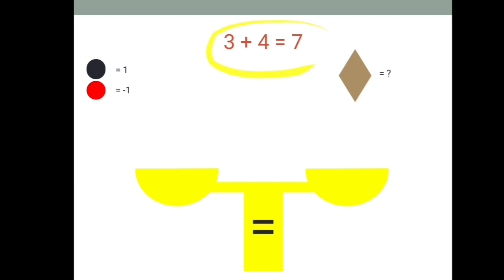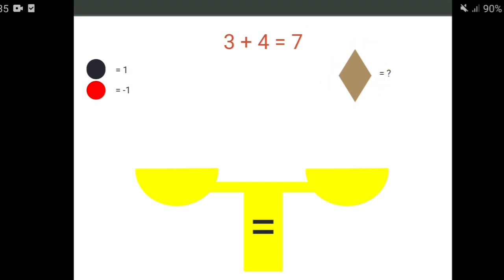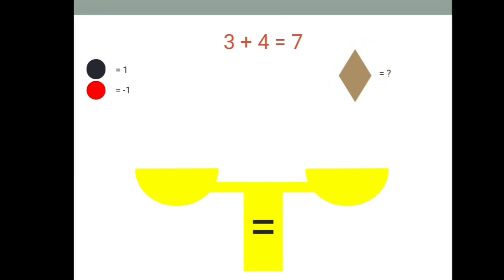I put the equality here, and there are two kinds of balls, the black one and the red one. The black ball is equal to 1, but the red ball is equal to minus 1. And here there is a rhombus whose value we don't know yet. Okay, our focus is to interpret the equality.